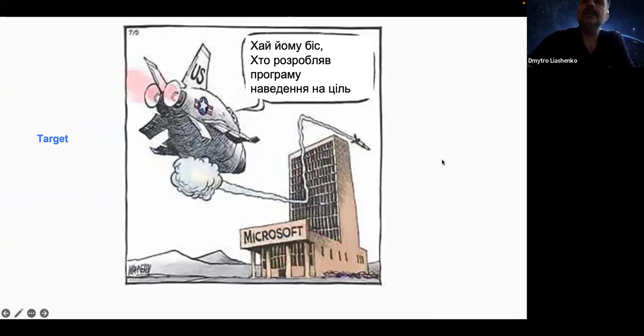Another important issue in data representation is target. Target means our goal, our audience, what the goal of our representation is.